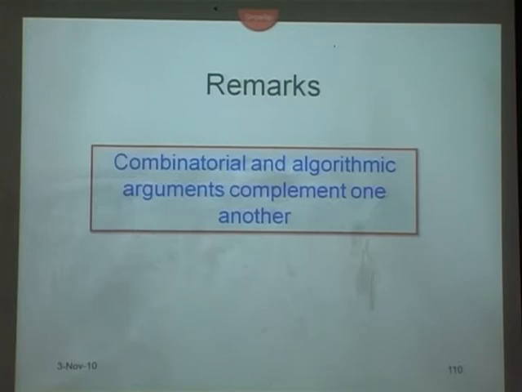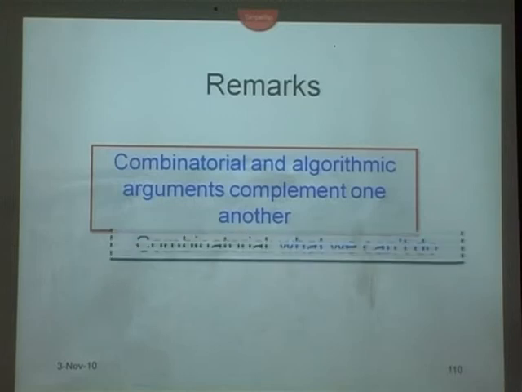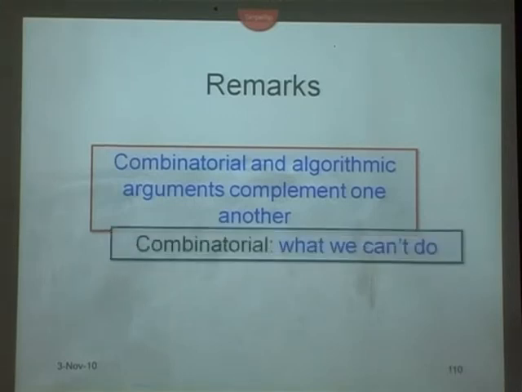That is, anybody who tells you I can do everything using only algorithms is exaggerating, and anyone who says they can do everything combinatorially is probably exaggerating as well. And so combinatorial approaches are good for showing what we can't do, the same way that classical topology is good for showing that two spaces are not homeomorphic.